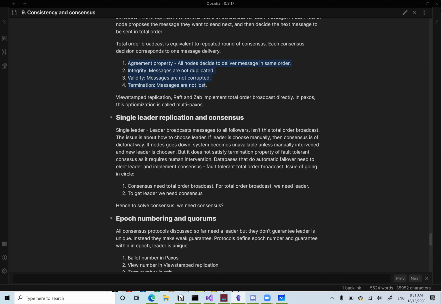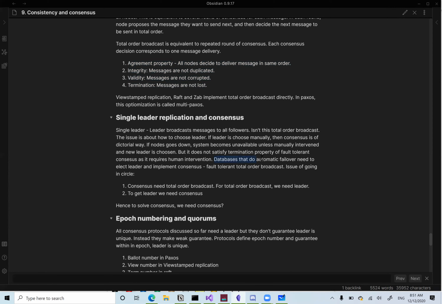We are saying that the system should decide some value. But if your leader is down and you are manually choosing a leader, then your system will not be able to decide any value because there is no leader, right? So your system will never terminate. Whenever the system was working fine, these properties were satisfied. But if the system is down, then it is down, and your messages will never terminate.